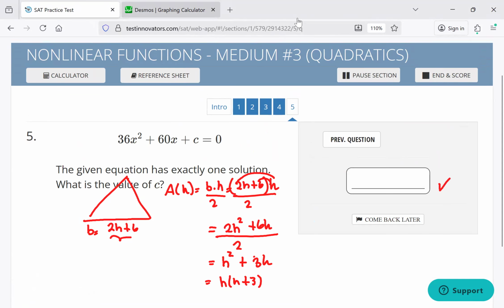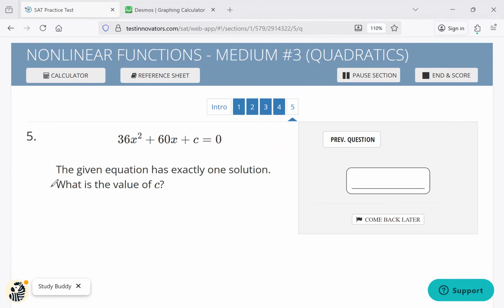Okay, last one. Question 5, the given equation has exactly one solution. What is the value of c? So we have this equation 36x squared plus 60x plus c. How do we know if a quadratic has one solution? You use the discriminant rule, b squared minus 4ac. If it gives you an outcome of 0, that's how you know you have one solution.